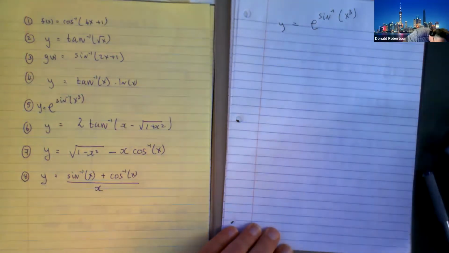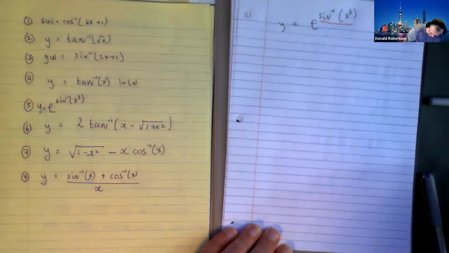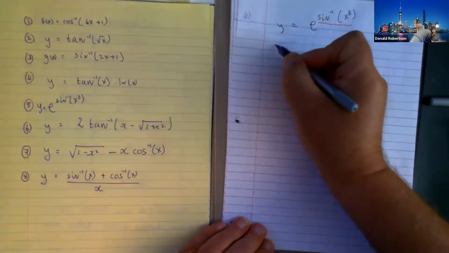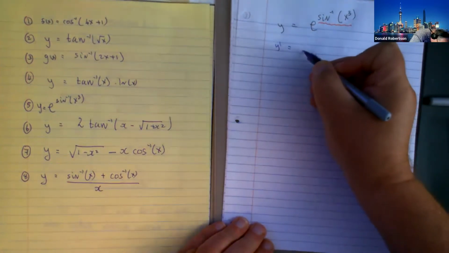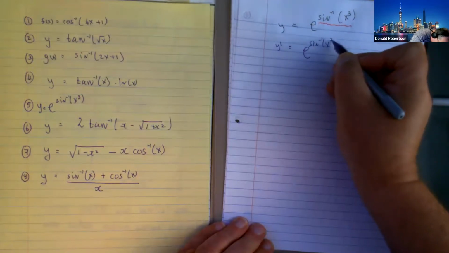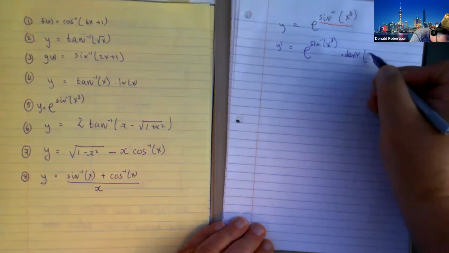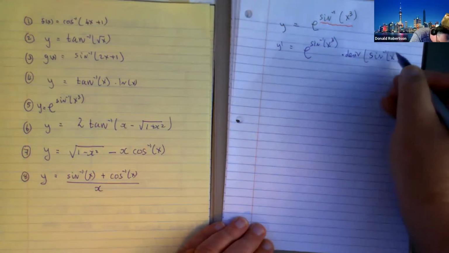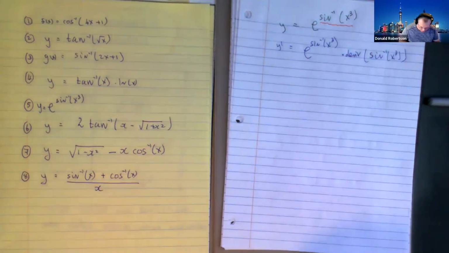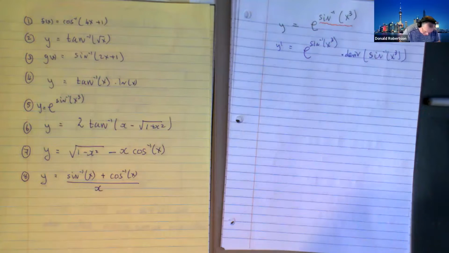So the inside function is all of that. So if I want to differentiate this fella, it's going to be e to all of that times the derivative of the inside function. I don't normally write that down unless it's complicated, which this one is.